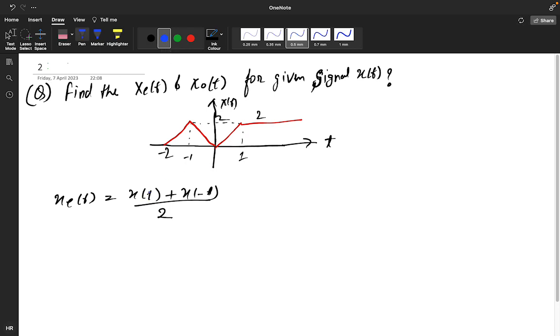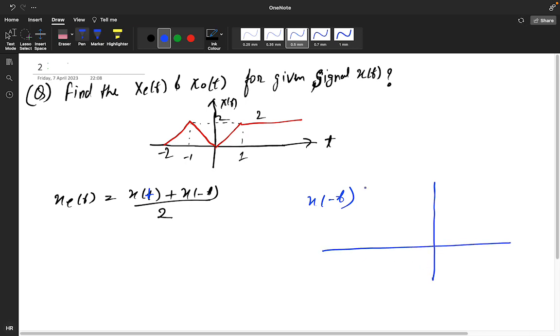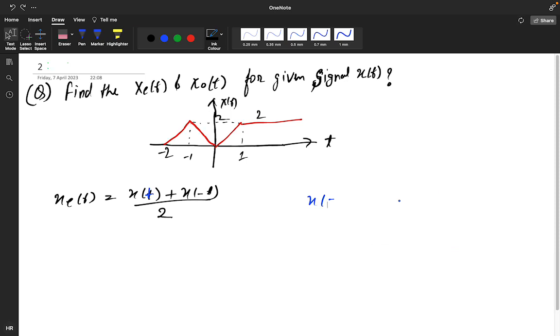Okay, so you know the x of t value. What will be the x of minus t signal? How will it look? Minus 2 will become plus 2, plus 2 will become minus 2, and minus 1 becomes 1. Okay, now for solving this kind of question, you need to do one thing.